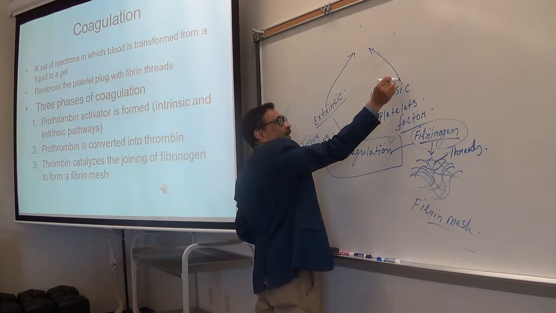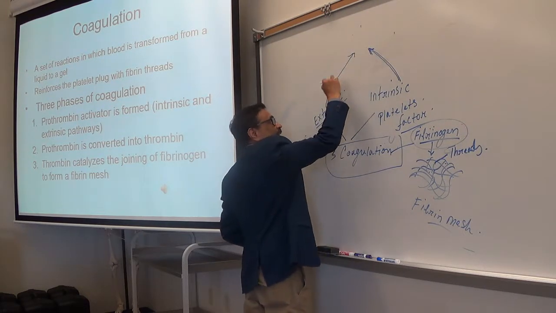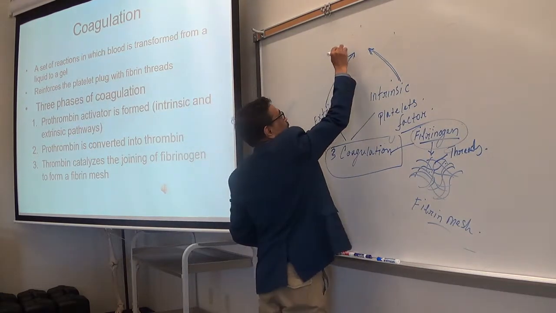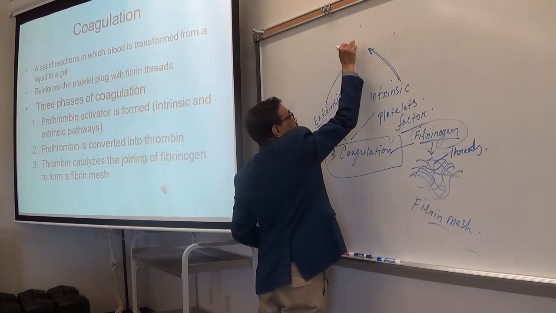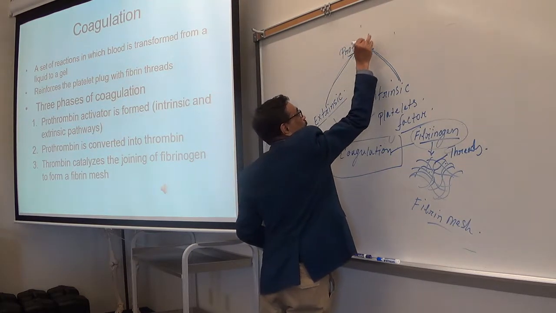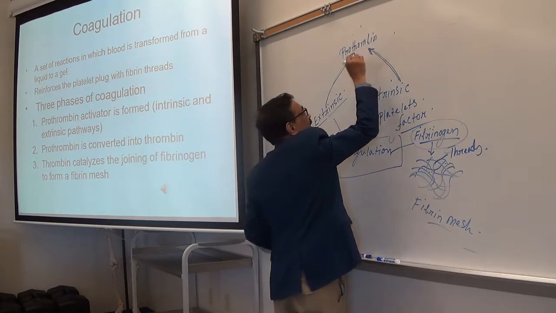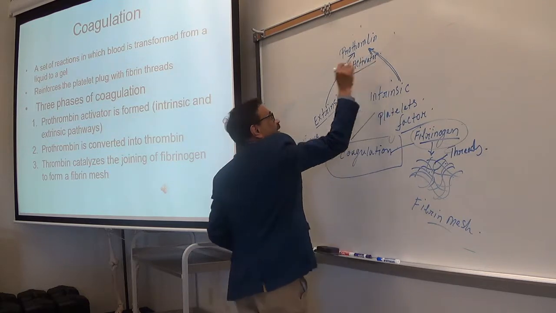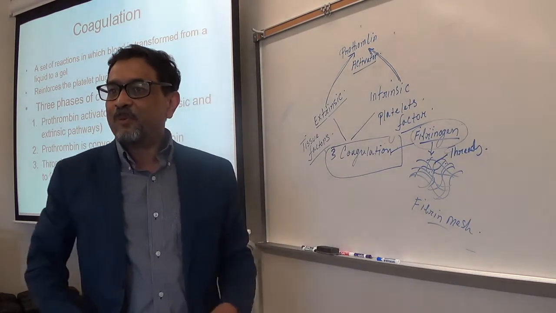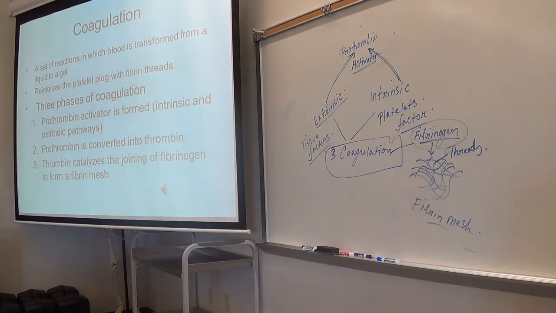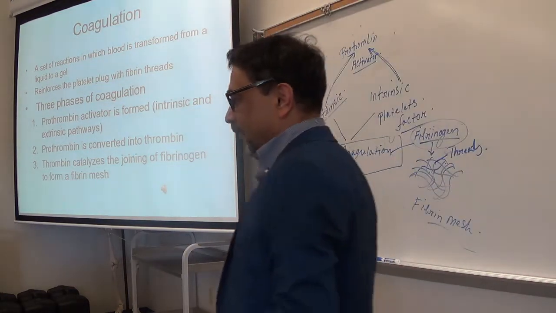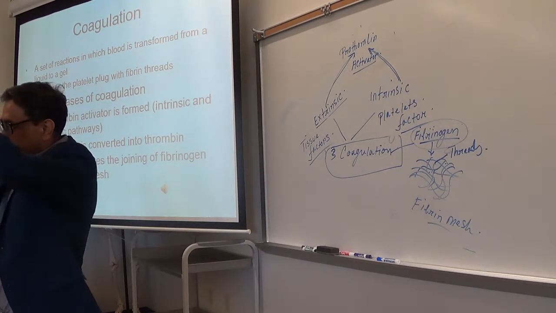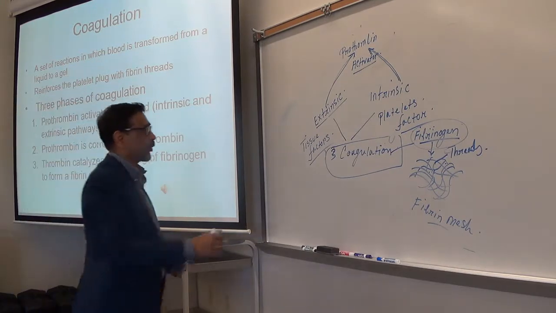But finally, both pathways will produce a common product that is called prothrombin activator. Okay? This is the product of both extrinsic and intrinsic pathways, although the reactions are different. The final product will be the prothrombin activator.